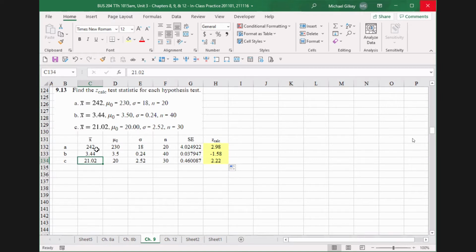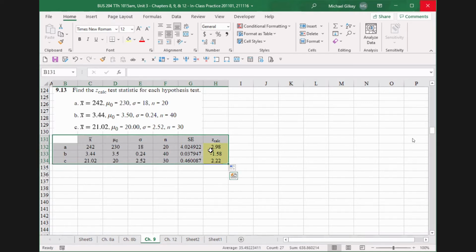Is everybody okay? Mhm. Okay, so make sure you understand how to do this. You're going to have to do this in most of the problems. Okay, most of the problems you're going to do, you're going to have to do this calculation. So make sure you understand how to do this. Is everybody okay? Yeah. Okay.